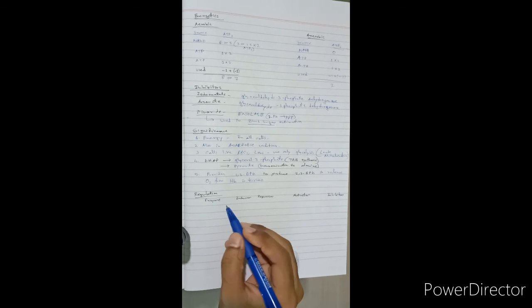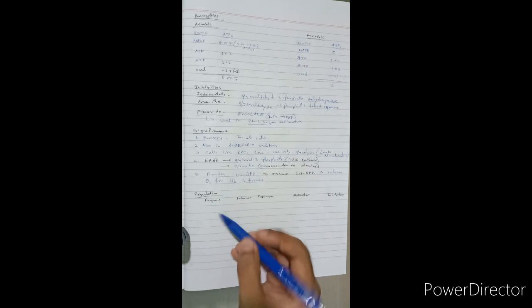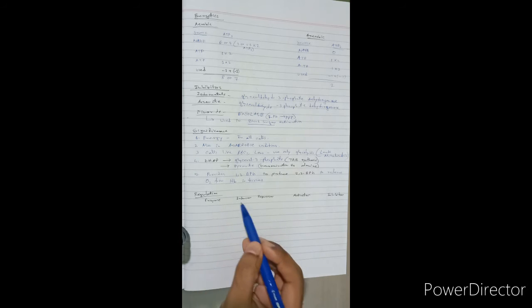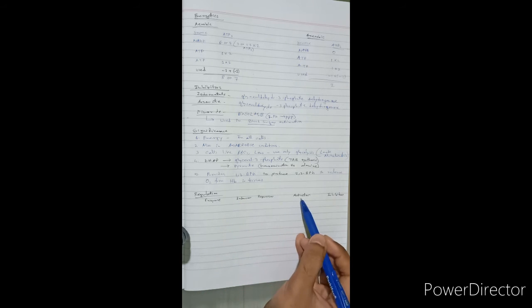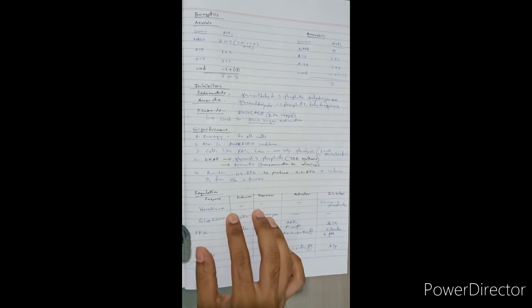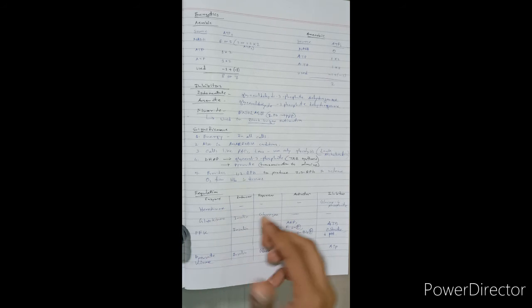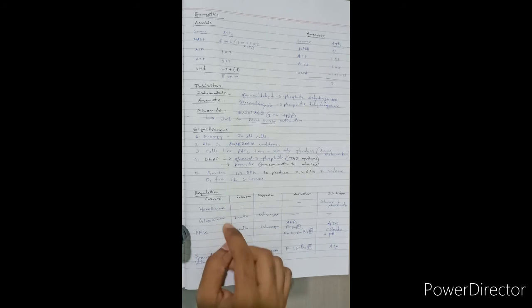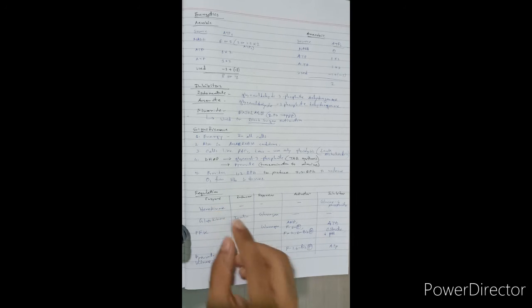The regulation of glycolysis, under the columns enzyme, inducer, repressor, activator, and inhibitor. Hexokinase enzyme is inhibited by glucose 6-phosphate, and this is a stronger enzyme than glucokinase, which acts when there is little glucose in the blood.